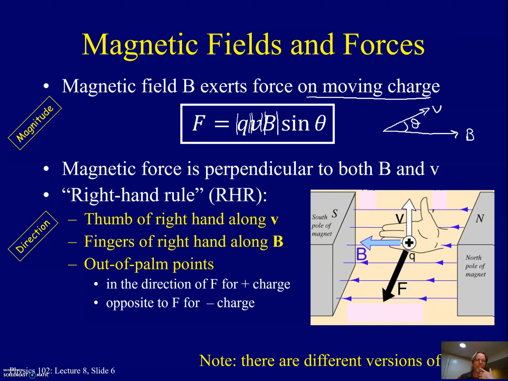Now you might say, hey, Mr. Olson, what if this was an electron? That's an opposite charge. Well, that means you use your opposite hand. So you'd use your left hand, or use the back of the hand as being the opposite direction of the force. So for a negatively charged particle going up through the field, I'm going to use my left-hand rule, because it's the opposite charge. The velocity is upward, the field is still in the same direction.